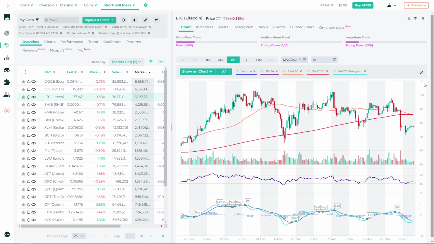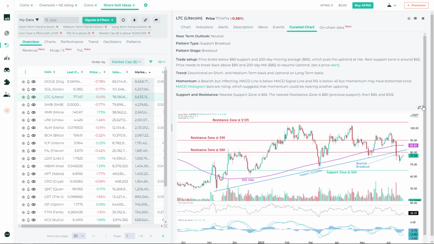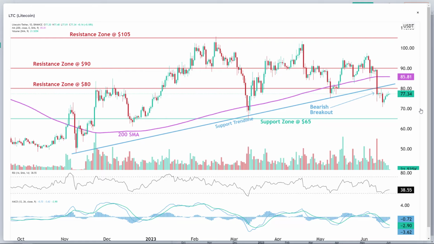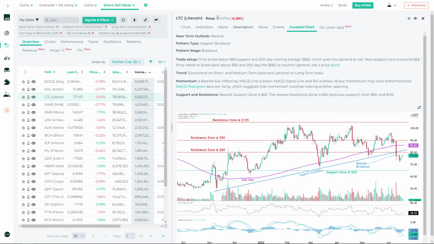But in our platform, you can also see some of these in the curated chart section where we actually highlight the resistance and support zone. So this is Litecoin. And here we highlight that $80 is a resistance area. Okay, and we're getting close to that. The price is at $77.